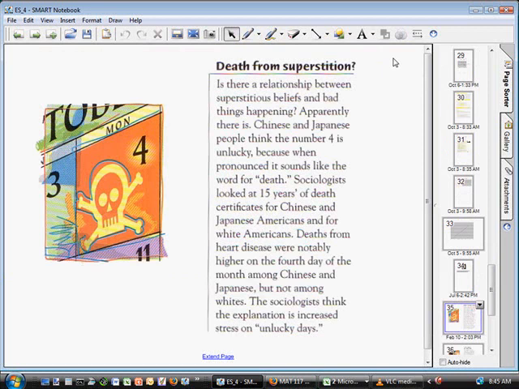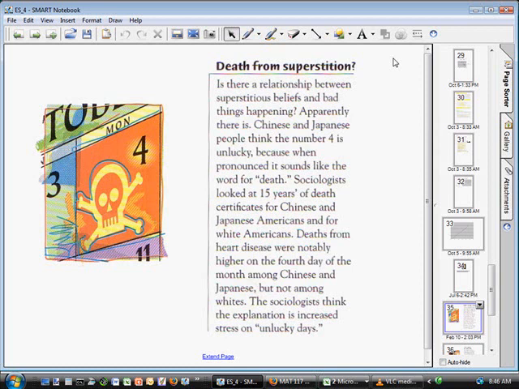Death from superstition? Is there a relationship between superstitious beliefs and bad things happening? Apparently there is. Chinese and Japanese people think the number 4 is unlucky, because when pronounced, it sounds like the word for death. Sociologists looked at 15 years of death certificates for Chinese and Japanese Americans and for white Americans.